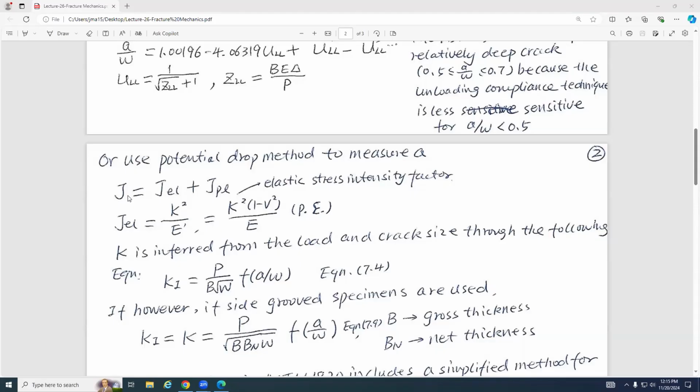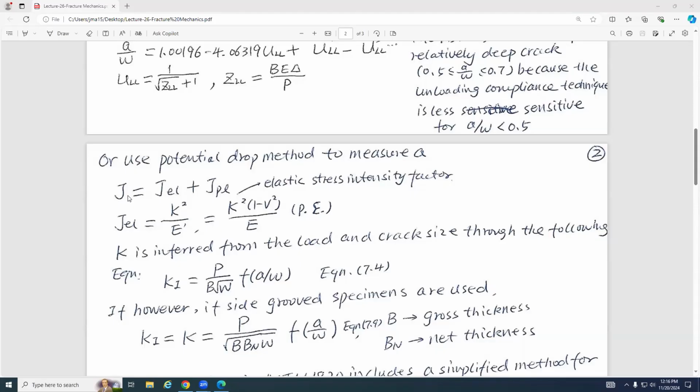So this is a plate, let me draw it. Okay, here is a crack, right? Suppose this is the crack, and this is a dotted line. Here I just draw the true line, and here is B, the true thickness.